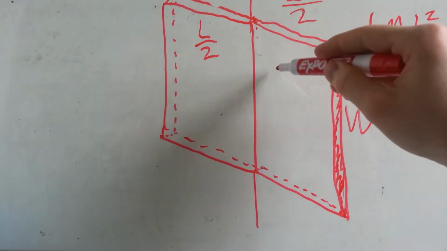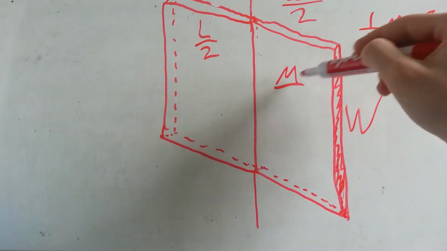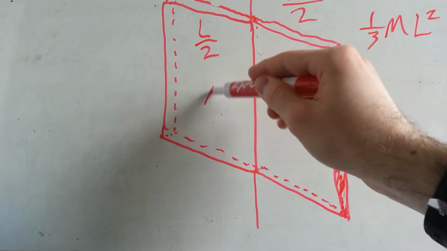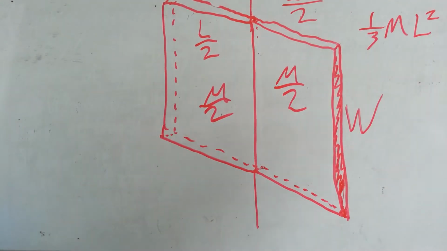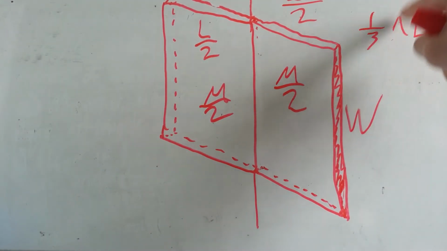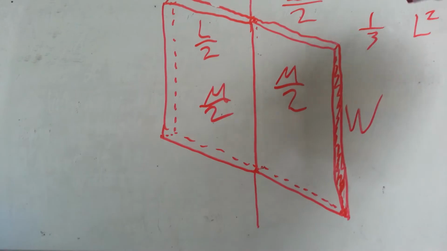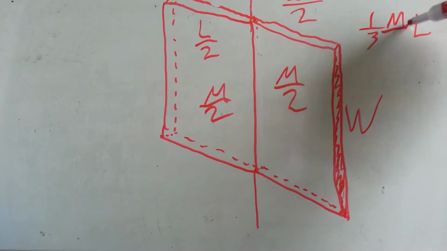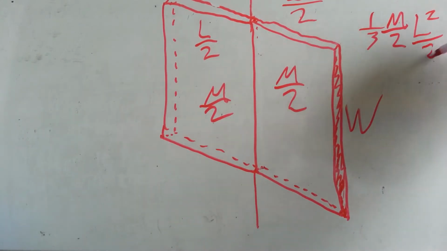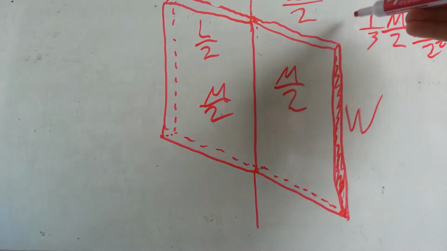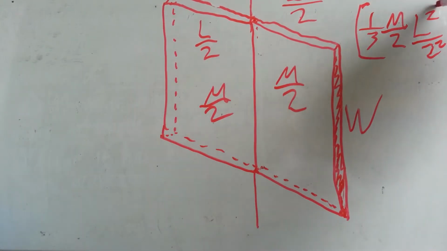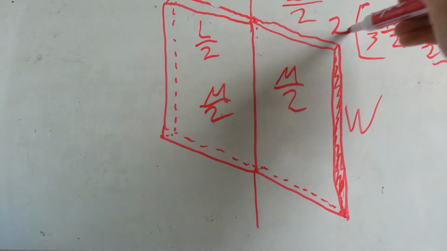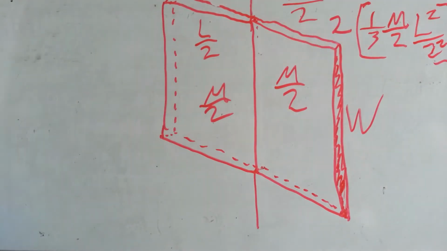Okay. And of course, M over 2, M over 2. So we find it for 1. And then just multiply it by 2 to get the whole thing.